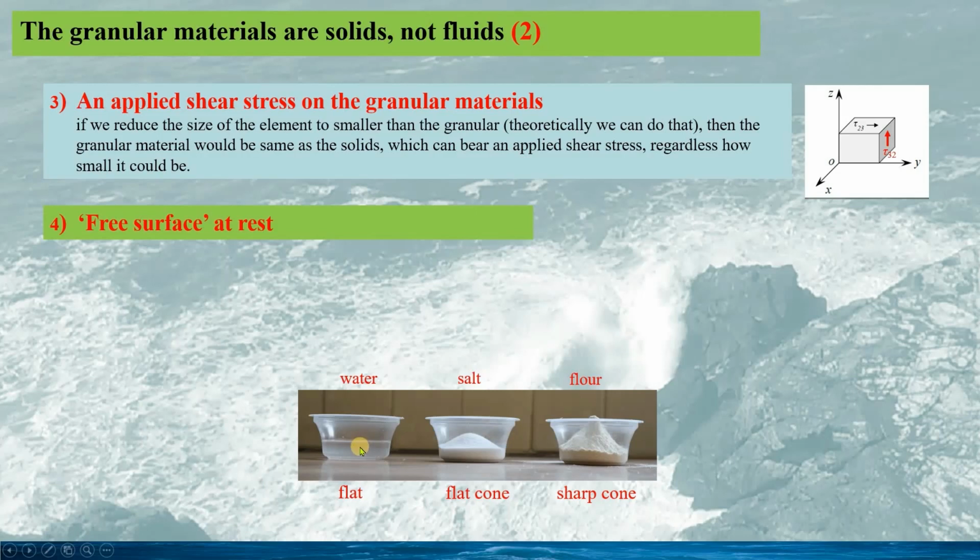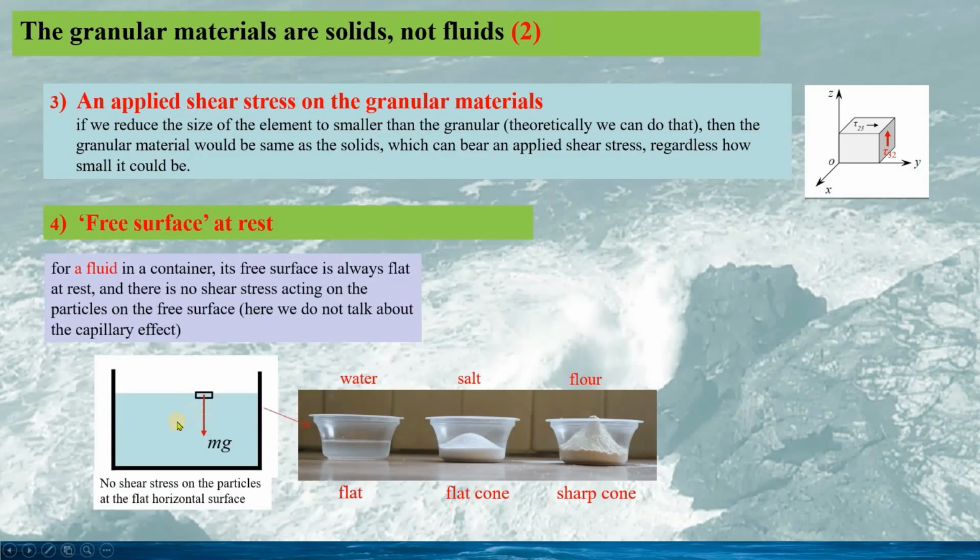For the water, because it is a fluid, its free surface is flat, with no shear stress on the top of the fluid. We can see from this analysis there will be no shear stress on the particles at the flat horizontal surface. For the salt, a flat cone is formed, while for the flour, a sharp cone is produced.